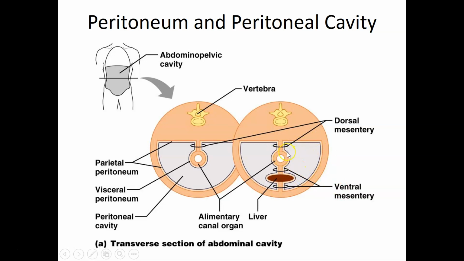Dorsal mesentery, some section of the alimentary canal, and a mesentery that's linking, let's say, the small intestine to the liver, and then the liver is connected by ventral mesentery to the ventral body wall. Okay, so those are the main structures that are involved: peritoneal membranes and mesentery.